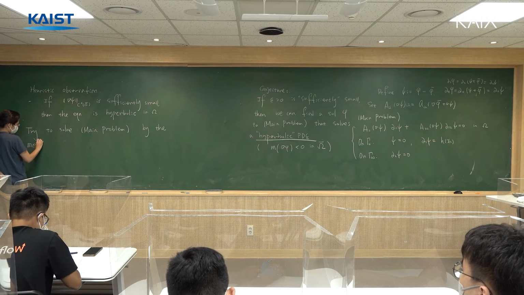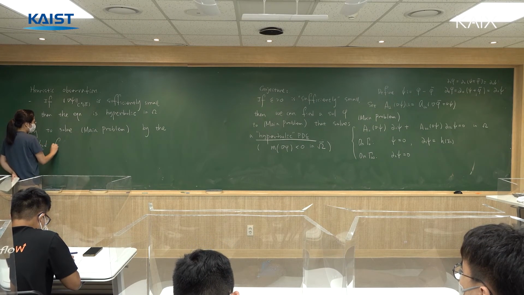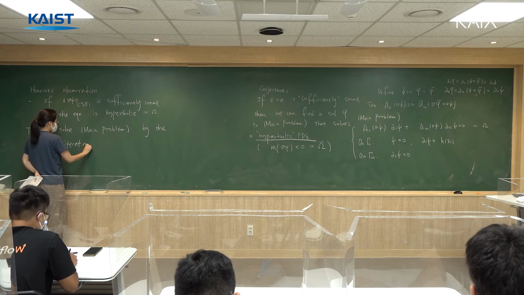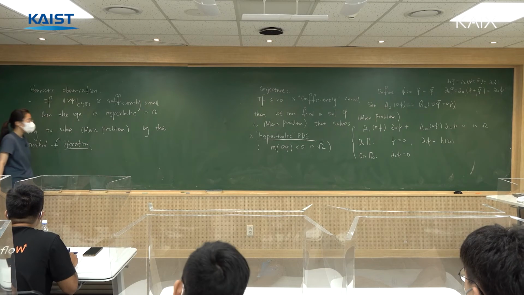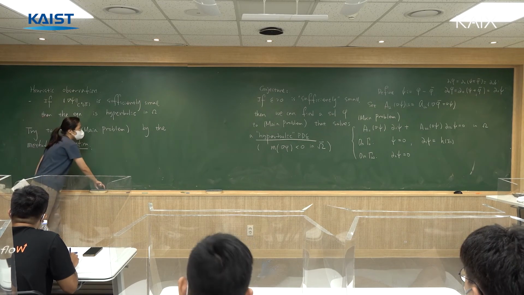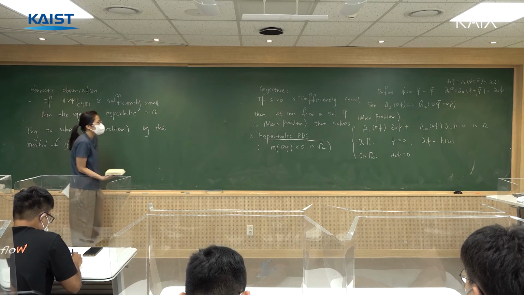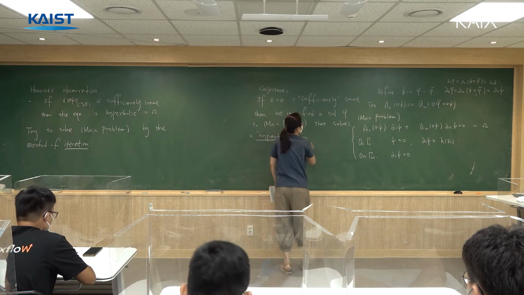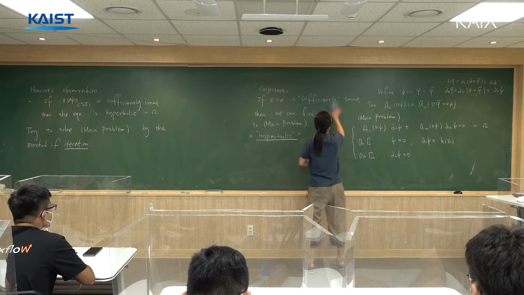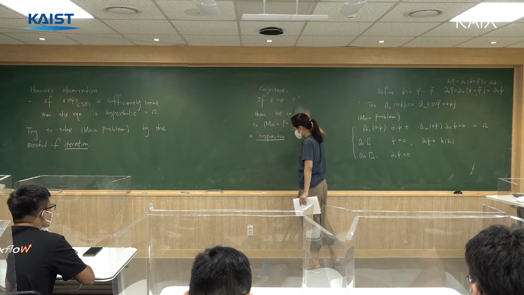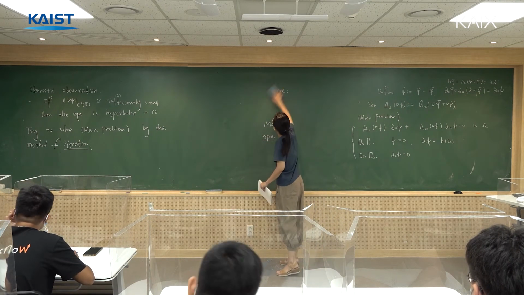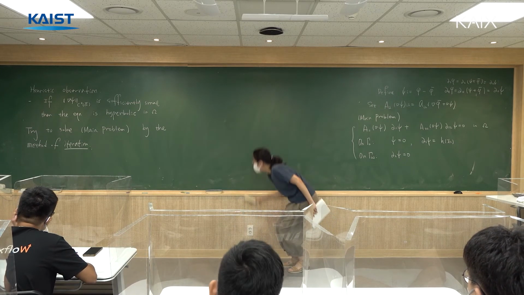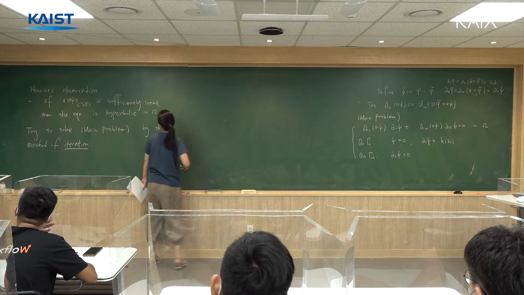of iteration. So now I need to tell you what I mean by the method of iteration, okay? This is where you need to know the theory for linear hyperbolic PDE. So, method of iteration.